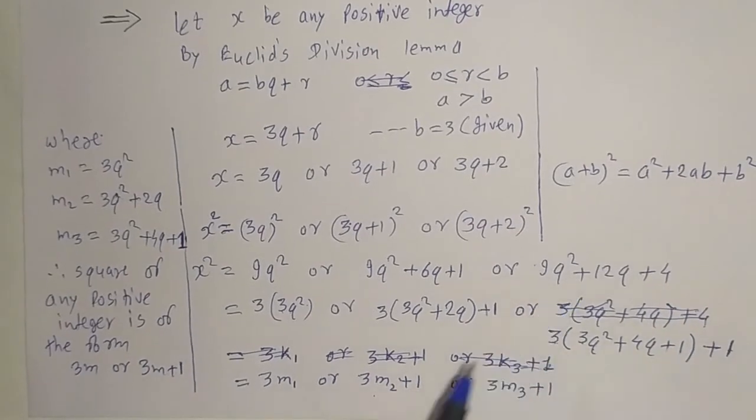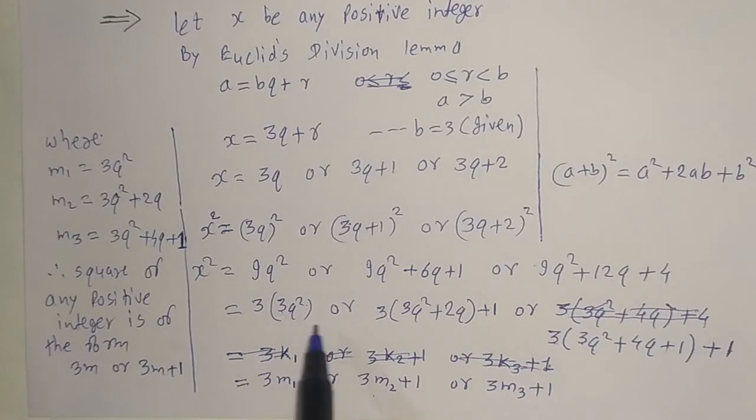So if you replace these brackets with values m1, m2, m3, then you get this generalized form: 3m1, or 3m2 plus 1, or 3m3 plus 1. So m2 and m3 are constants, and these two forms are similar.